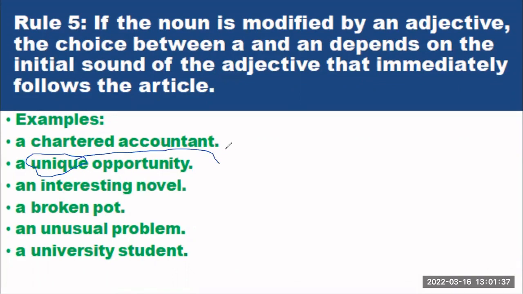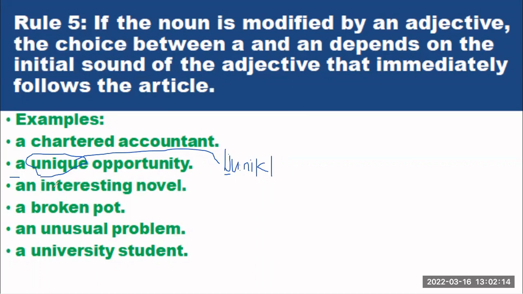The word unique begins with a consonant sound. Unique. Now, this is the transcription of unique. So you can see that the sound is consonant. So that is why we use the article a: a unique opportunity, a unique opportunity.